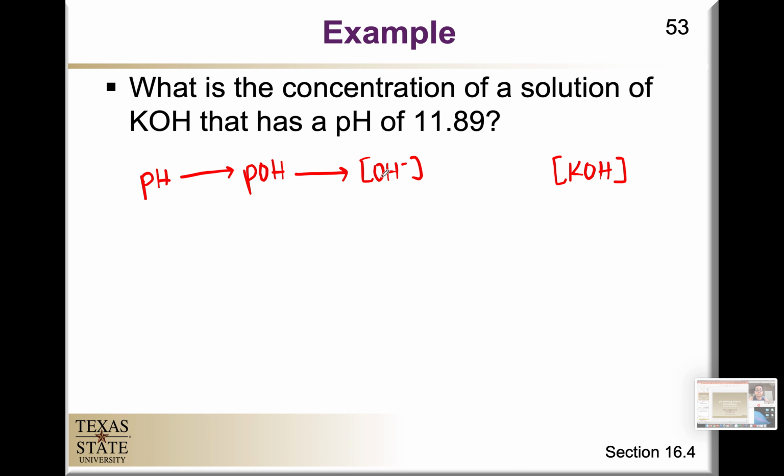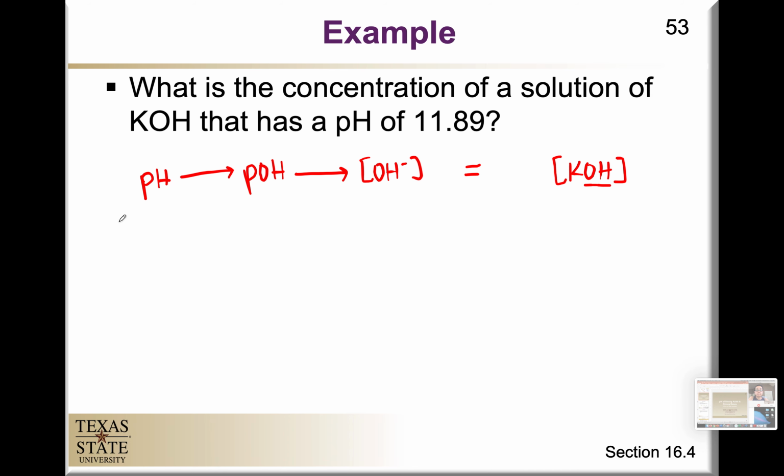And finally, once I have this, I need to know what is the relationship between the concentration of hydroxide and the concentration of the potassium hydroxide. Since this is a group 1 metal hydroxide that has only one hydroxide ion, then the concentration of potassium hydroxide is equal to the concentration of the hydroxide ions. So once we have this, we are done for this particular problem. Let's go ahead and get started.